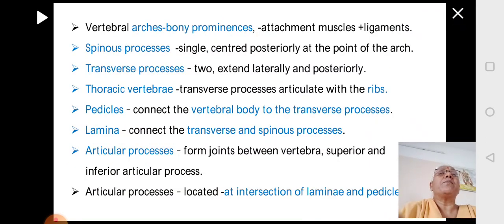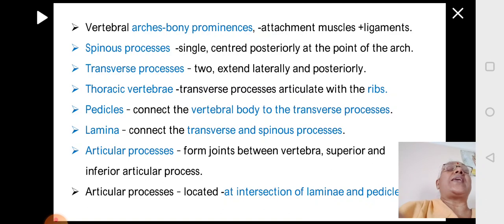Apart from this, the vertebral arch will have slight extensions called prominences. It is this prominence which will give the site for the attachment of muscles and ligaments. One of the important functions of the skeleton is to provide the surface for the attachment of the muscles.